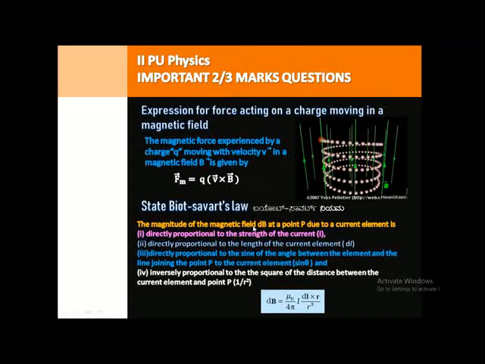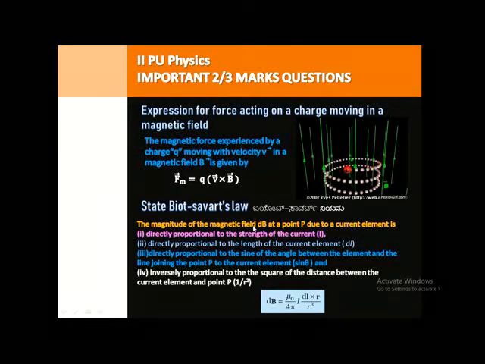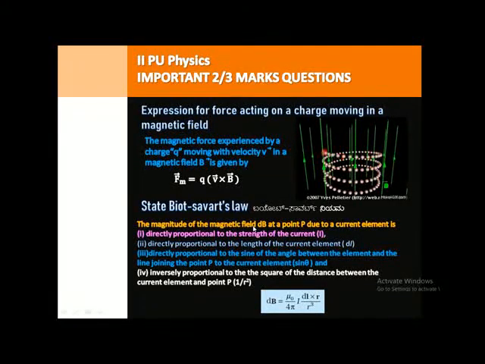Then another law, the Biot-Savart law. The statement is like this: the magnitude of magnetic field dB at any point P due to this current element is directly proportional to strength of the current I, directly proportional to length of the current element dl, directly proportional to sine of angle between element and line joining the point P to the current element, sin theta, and inversely proportional to square of the distance between current element and point P, that is 1 by r square.